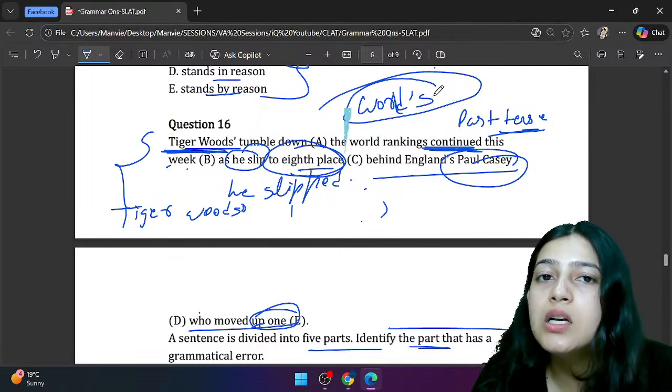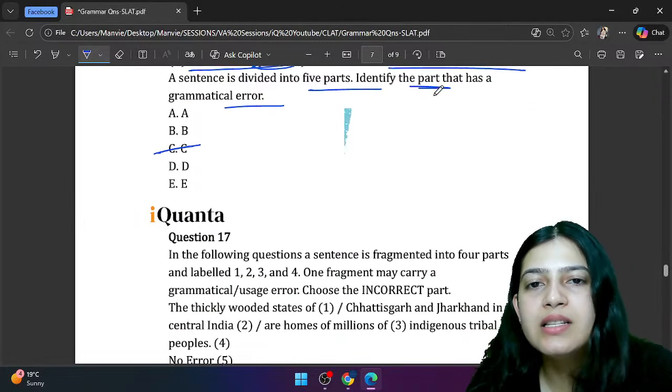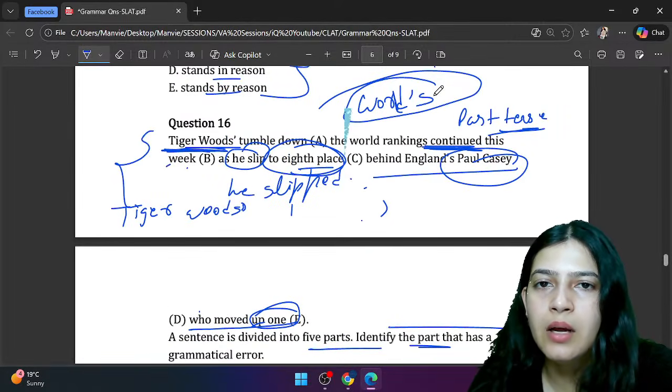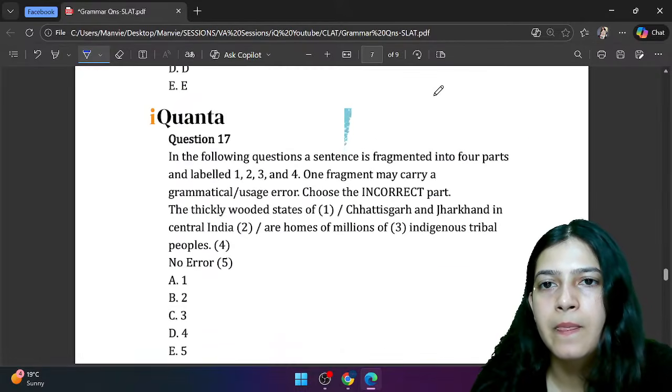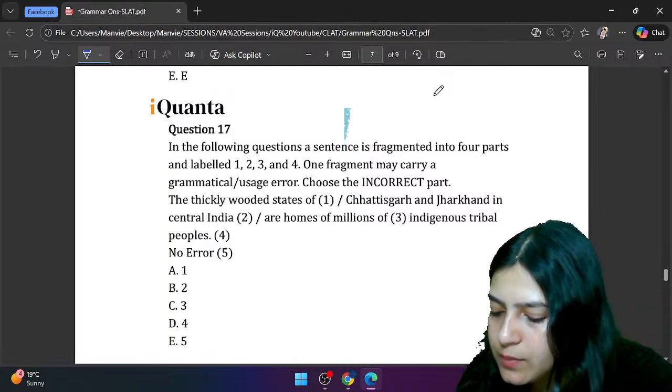That is why it won't be world's. World ranking is simple. Tumble down the world ranking, that's absolutely fine. Okay, next question. Got it?